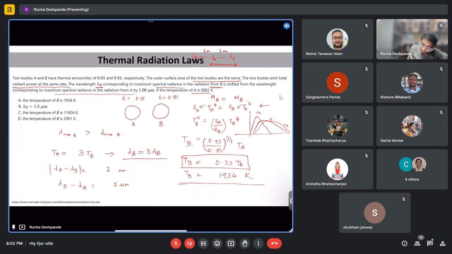From this relation we have lambda B is equal to 3 times lambda A. So we have 2 times lambda A is equal to 1 micrometer. So lambda A will be 0.5 micrometer and lambda B is 1 micrometer more than that. So lambda B would be equal to 1.5 micrometer. So out of this, this is true and this is true.